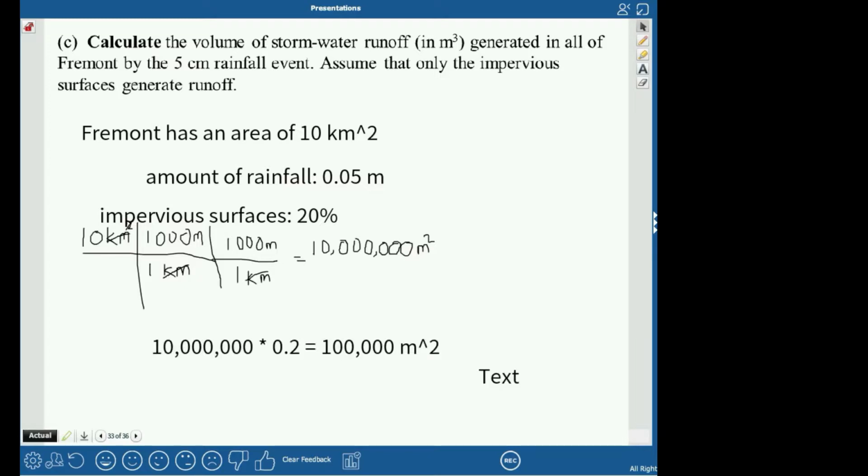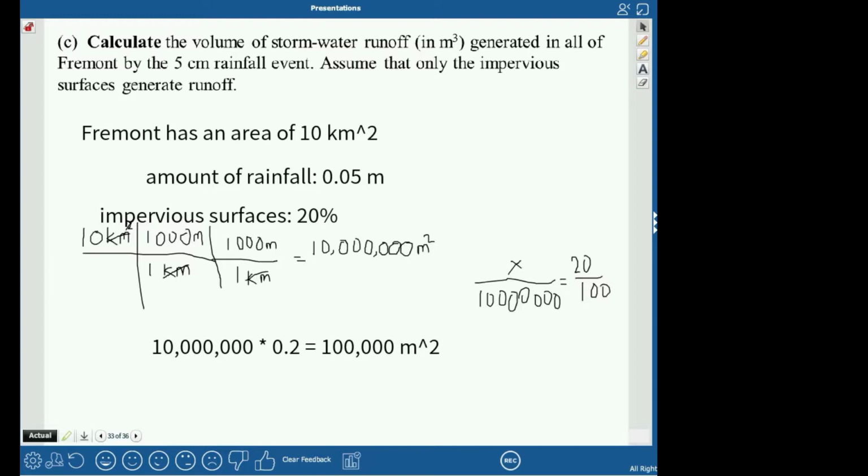You can do it this way, or sometimes when I have to do it by hand, I'll take my 10 million and write X over 20 over 100, and you can cross multiply.